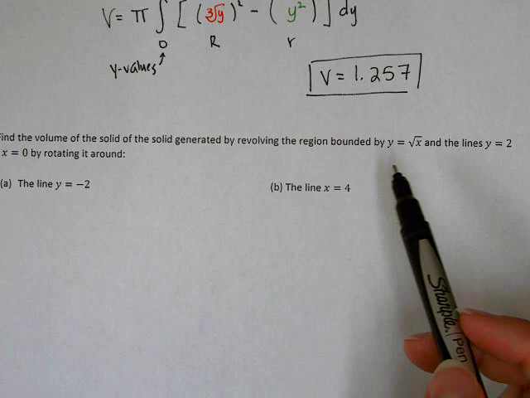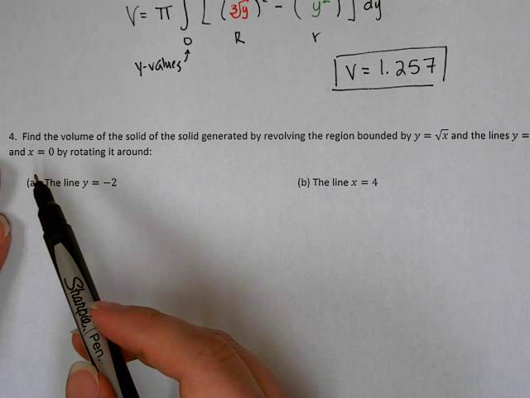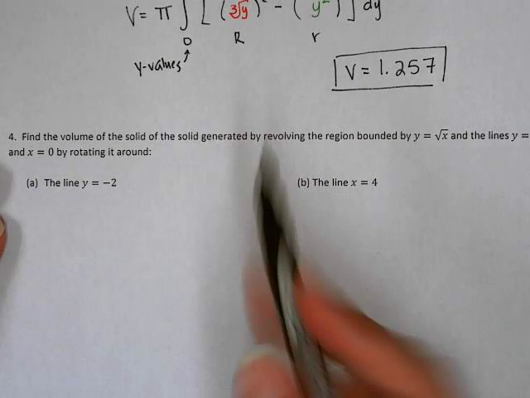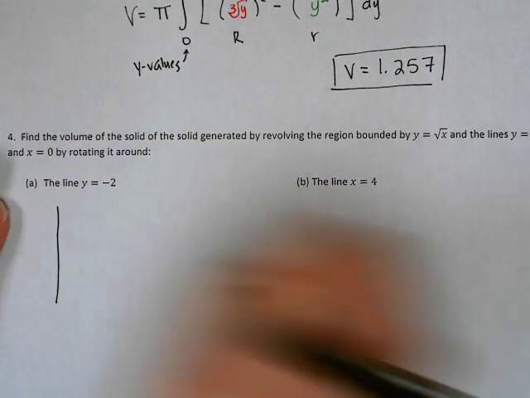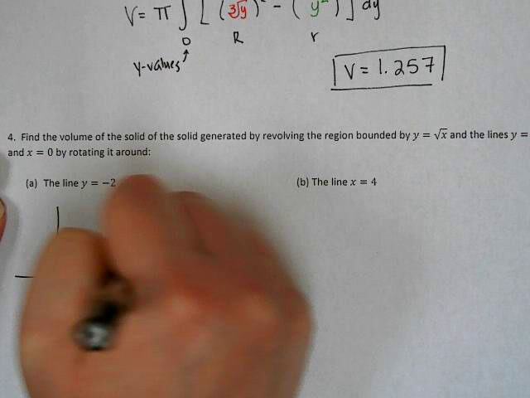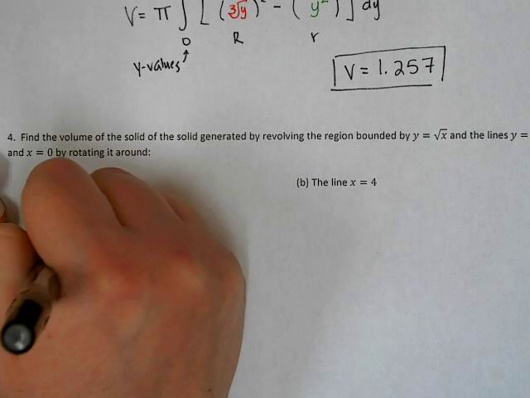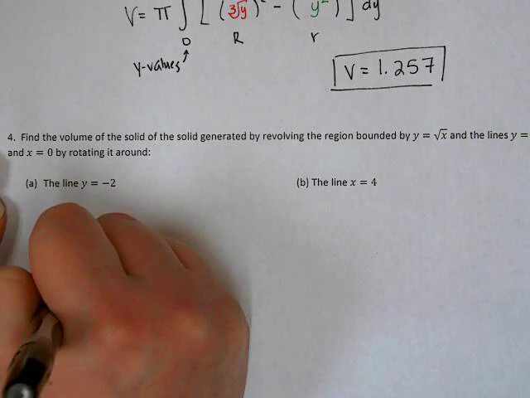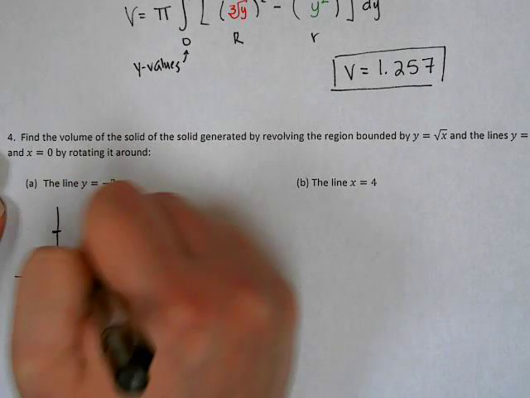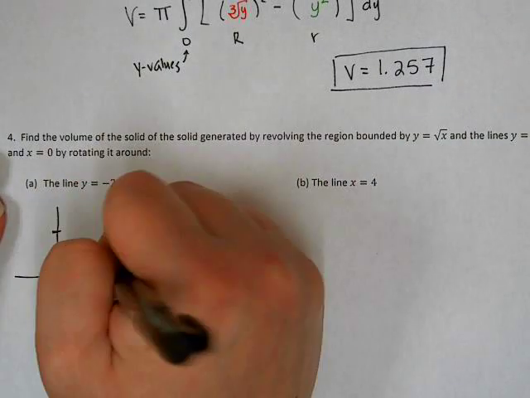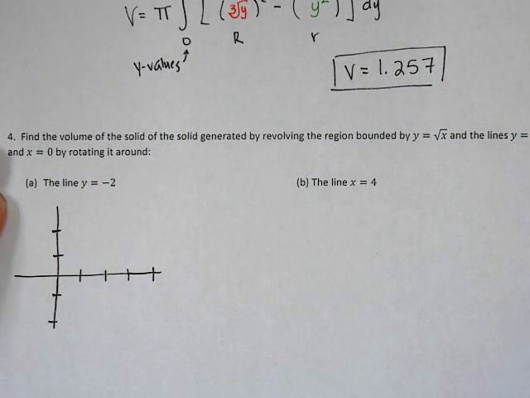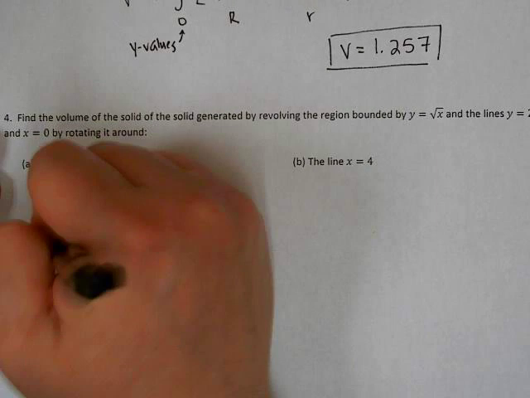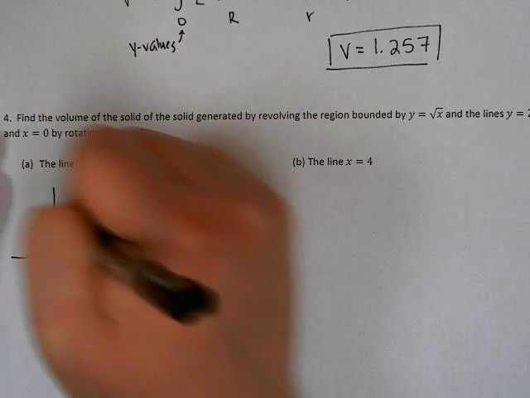We've got the square root of x, the line y equals 2, the line x equals 0. So if we want to draw a picture of what's going on here, let's see. Extend this down a little bit more. So 1 and 2. 1 and 2. Okay, so the square root of x, so that's here, here, and here.